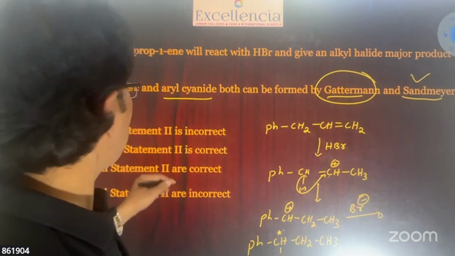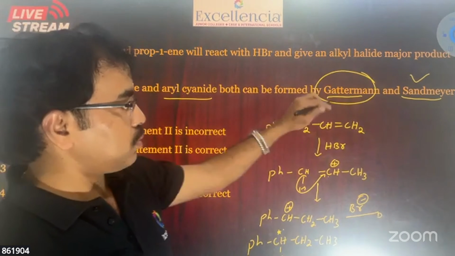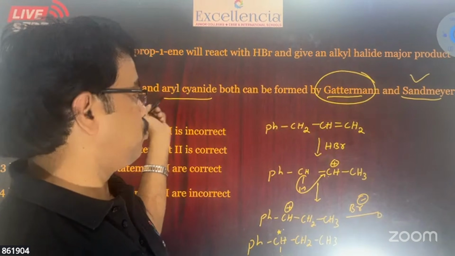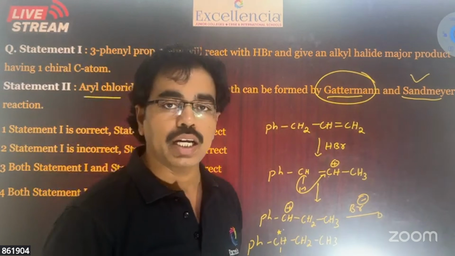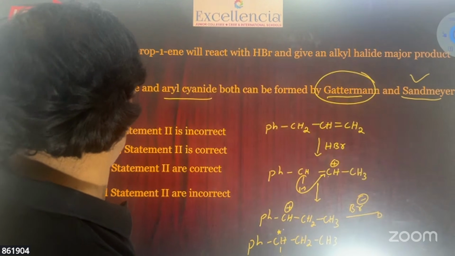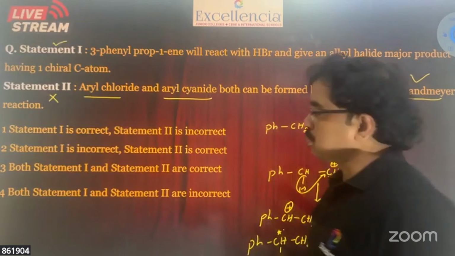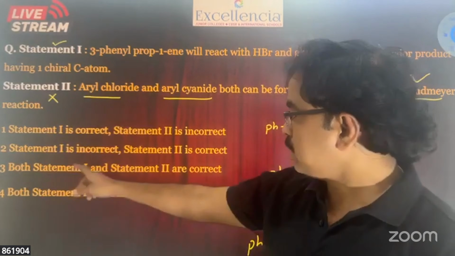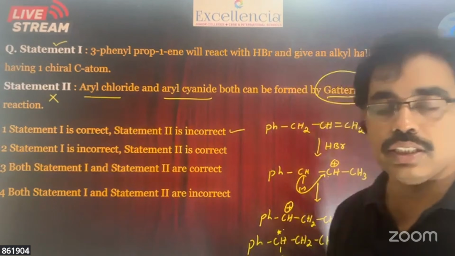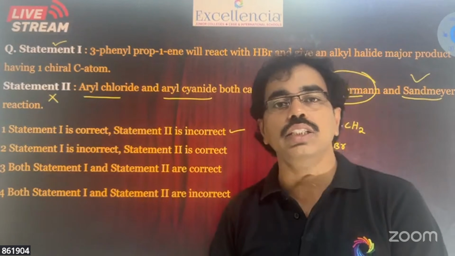So both cannot be prepared by the Gattermann reaction as well as Sandmeyer. Only Sandmeyer gives both compounds, but Gattermann gives only aryl halides. That's why statement 2 is incorrect and statement 1 is correct. The suitable answer is: statement 1 is correct and statement 2 is incorrect. We can opt for the first option, which is completely NCERT.